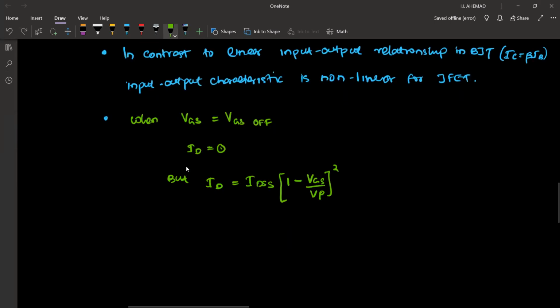So this has to be 0. For this to be 0, IDSS cannot be 0, so VGS over VP has to be equal to 1. Therefore, VGS over VP is equal to 1. So VGS is equal to VP.